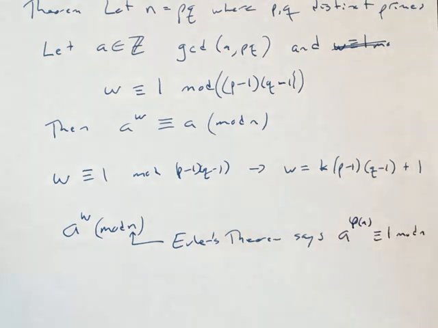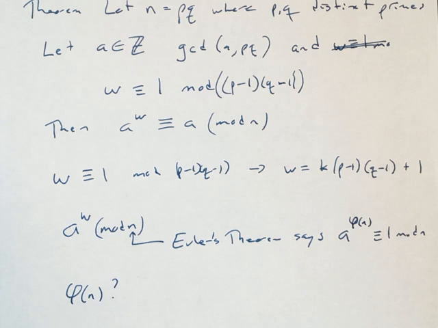So here's the $64,000 question. What's phi of N? Oh, wait a minute.